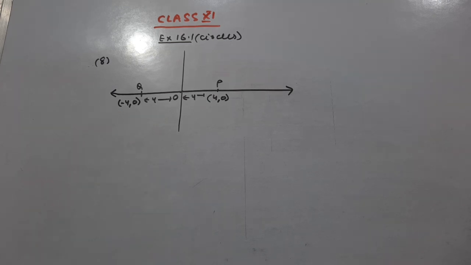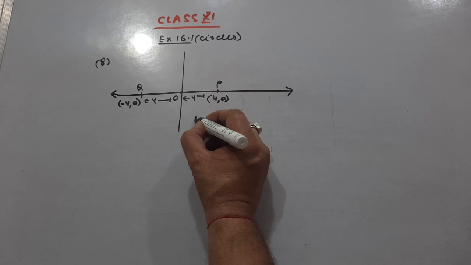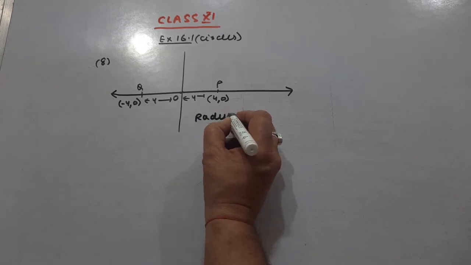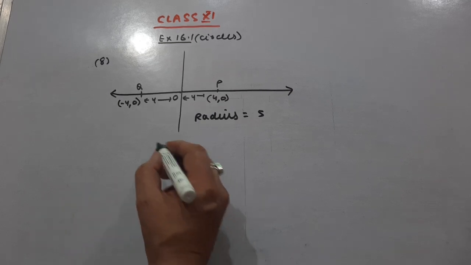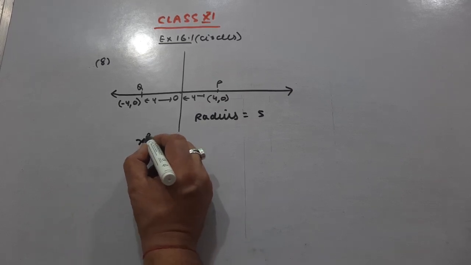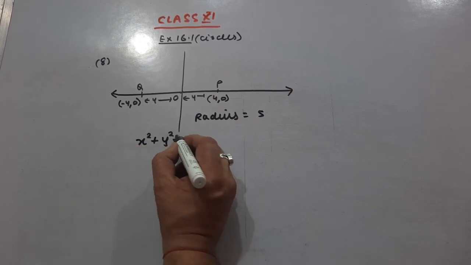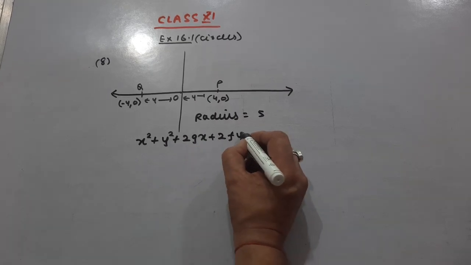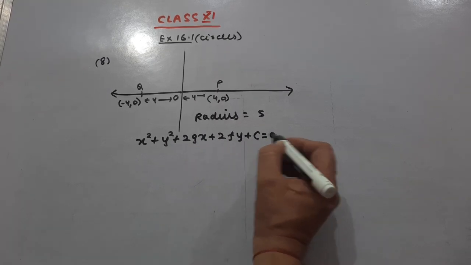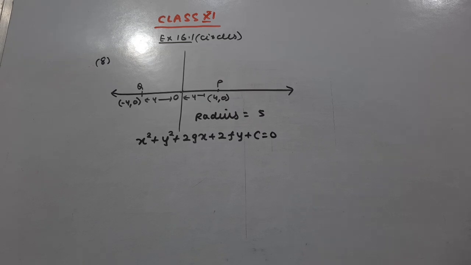So we have 2 points, 4, 0 and minus 4, 0, and radius is 5. So we know the general equation, x square plus y square plus 2gx plus 2fy plus c equal to 0.